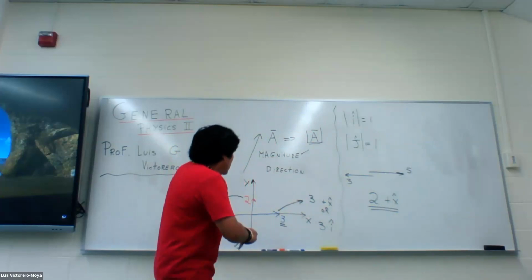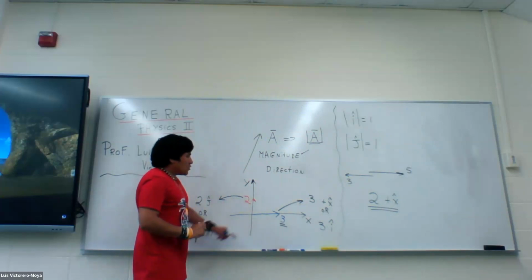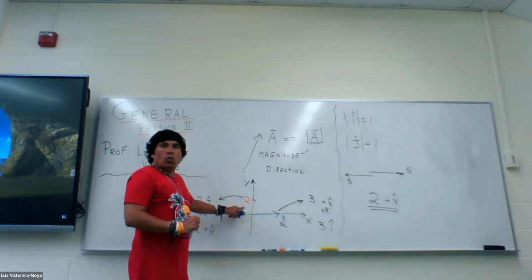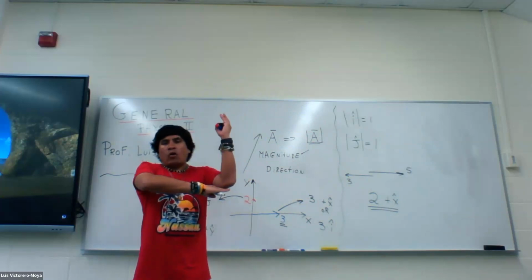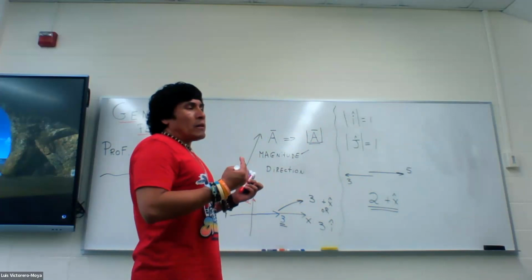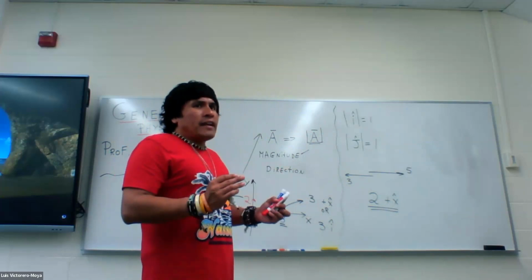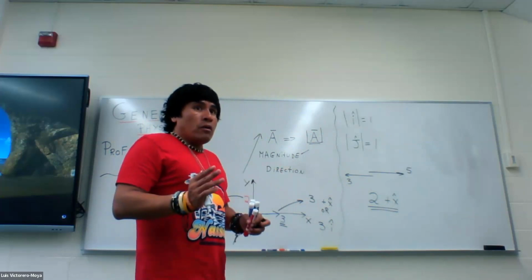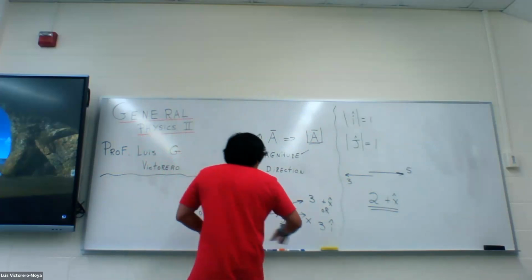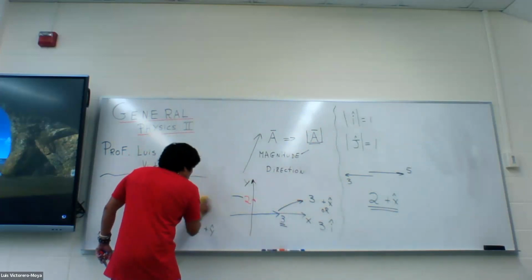However, what happens if the vectors are like this, though? Let's suppose I want to add 3 and 2. They are making an angle of 90 degrees. So how do you add vectors that are not on the same direction? If they are making 90 degrees, that's simple. You guys should remember that from physics 1. If you don't, let's show you here.